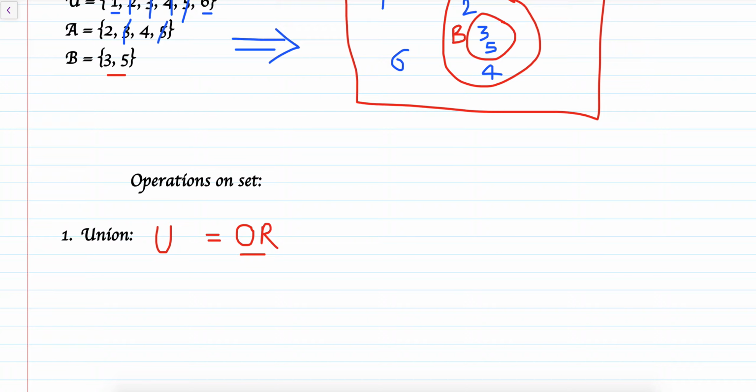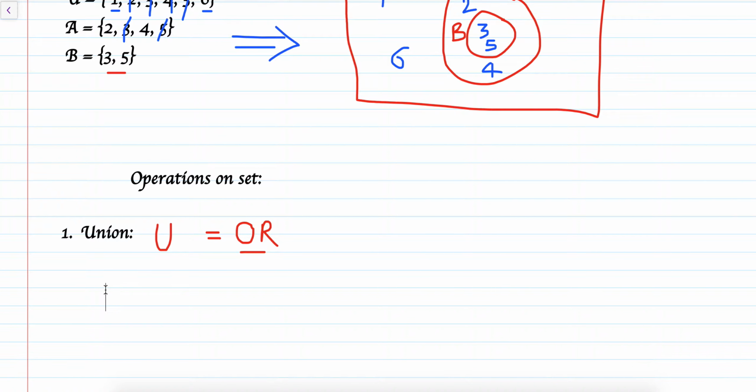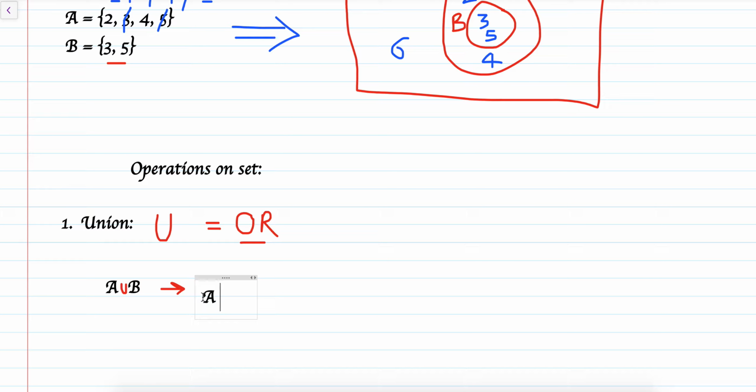To understand this, we will write A union B, and we will read it as A union B, or we can say A or B. So we will treat union as or.